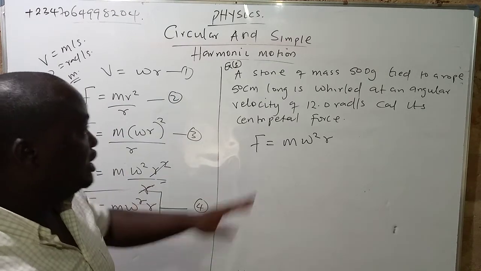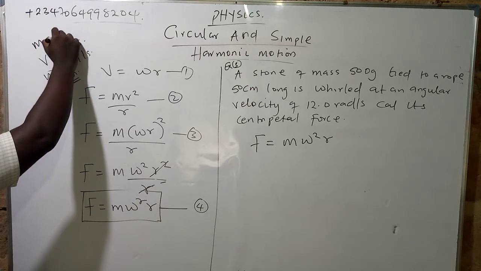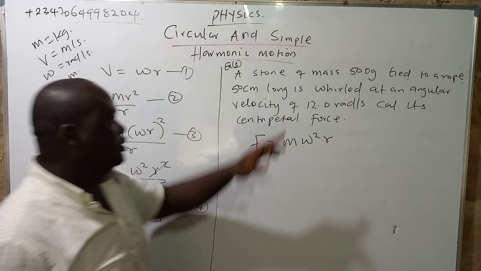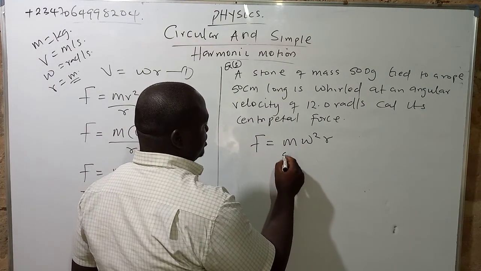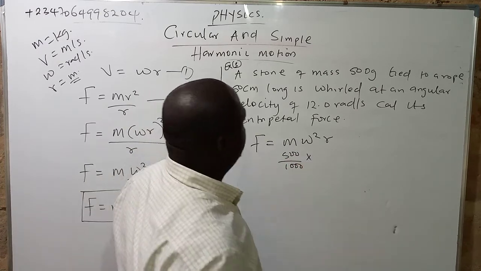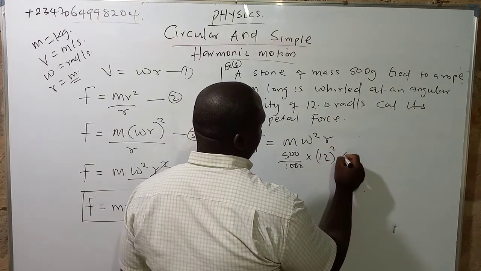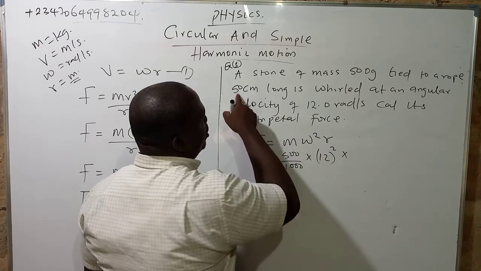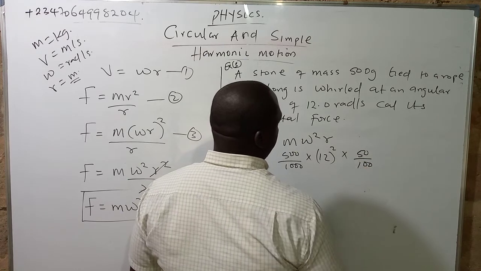But please note that the mass must also be in kg, so we are going to do a little bit of conversion. The mass is in grams, so divide it by 1000 to convert it to kg, times your angular velocity, which is 12 all squared, times the radius, which is 50 cm, converted to meters by dividing by 100.